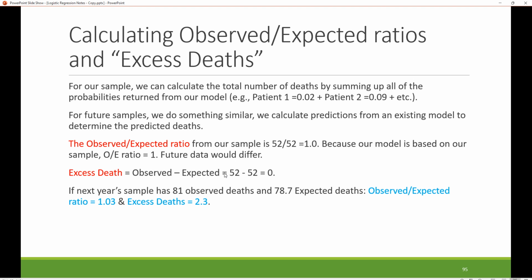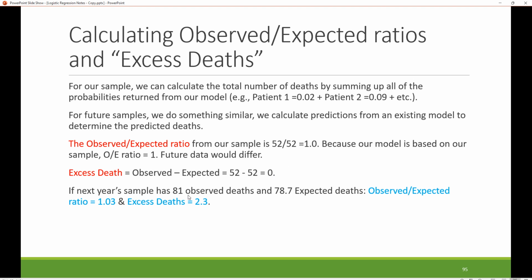In this sample, we have 52 minus 52, so it's 0. Again, the reason is because we are using the data set that we developed the model on, so it's going to be perfectly calibrated: 1 for the observed expected ratio and 0 for excess deaths.